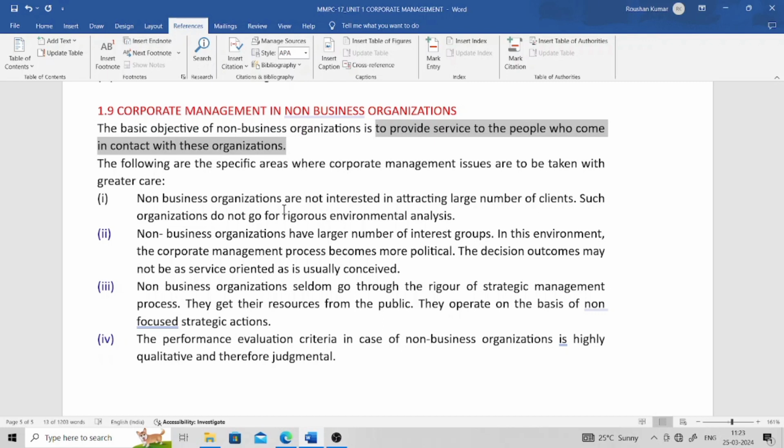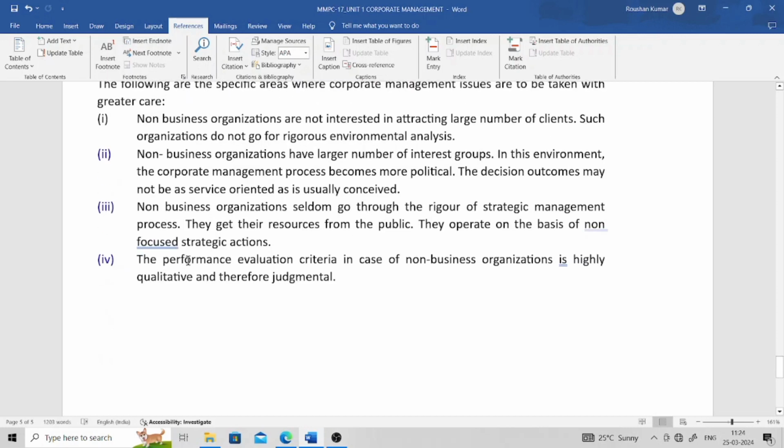They only try to serve the people. Next, non-business organizations have a large number of interest groups.